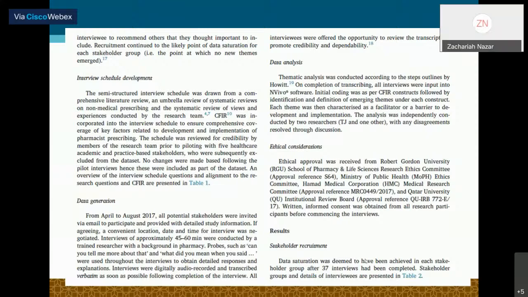There is one comment, Professor Derek, around saturation and the challenges in identifying when you've reached saturation. It does imply that you are undertaking your data analysis as you are conducting your interviews.